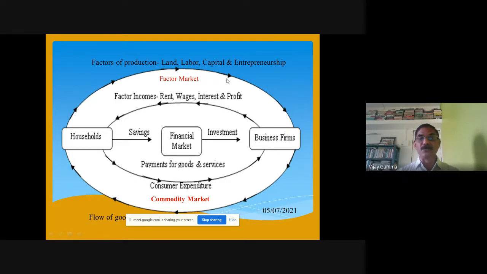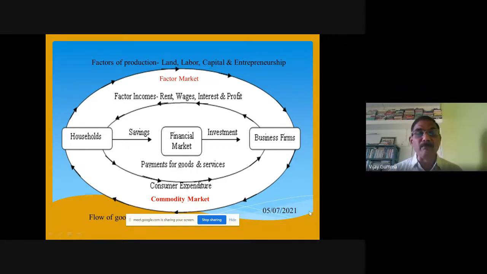A real flow of goods and services is shown clockwise, and money flow, that is the inner circle of this diagram, is shown anti-clockwise.